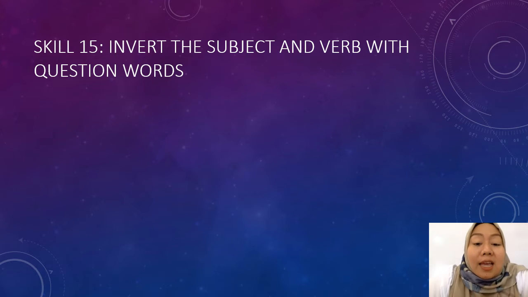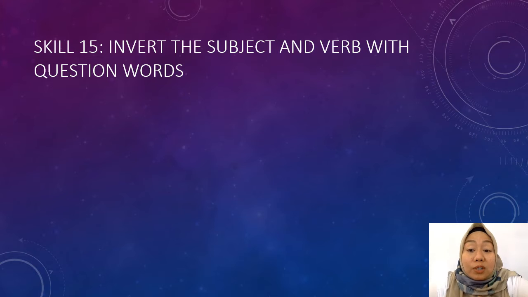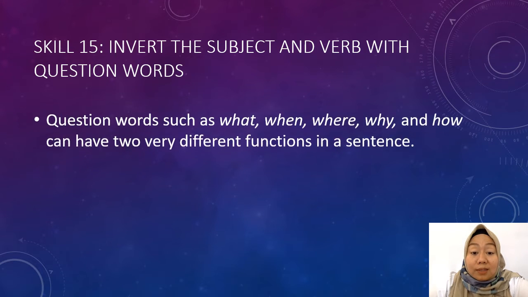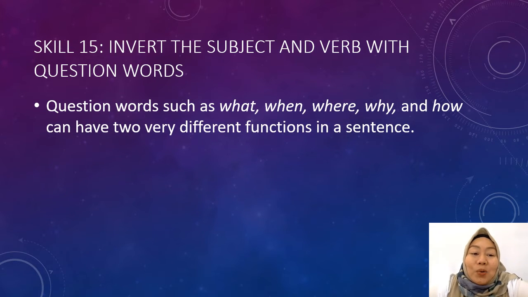Skill 15 is the problem with the inverted subject and verb with question words. As I told you previously, we can invert the subject and verb with question words. Question words are what, when, where, how. These question words can have two different functions in a sentence.